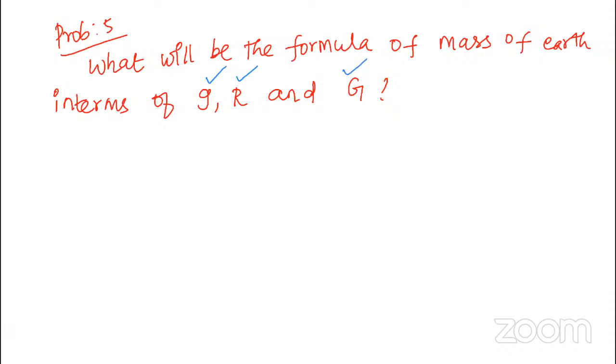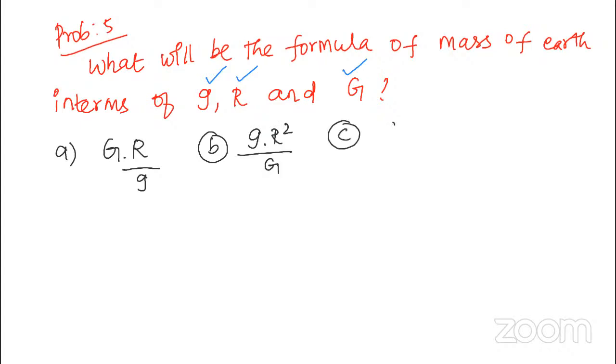They have given the options: option A is G into R divided by g, option B is g into R square divided by G, C is G square R divided by g, and D is G divided by R.